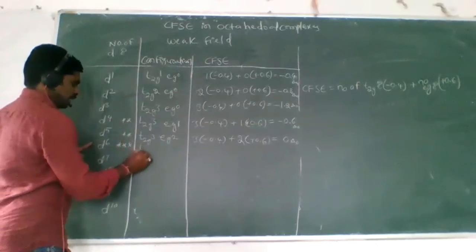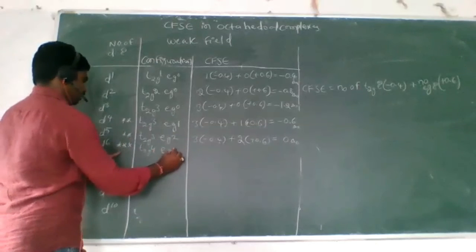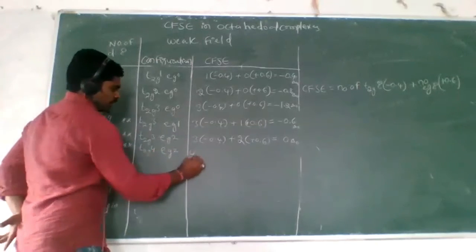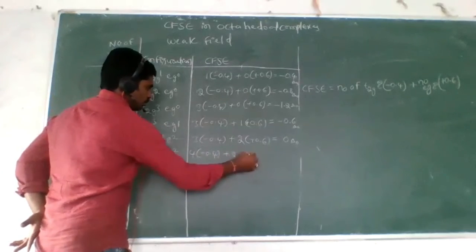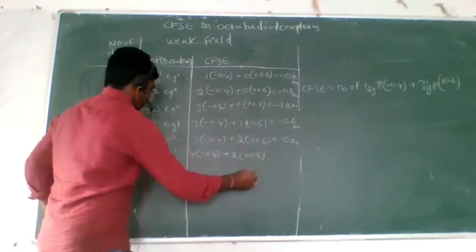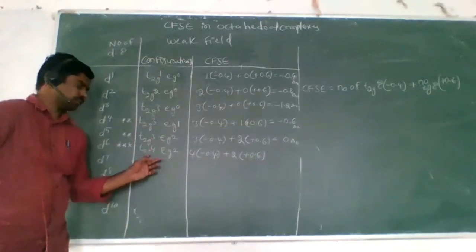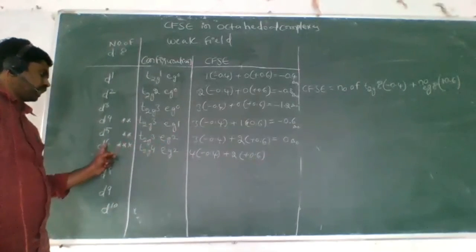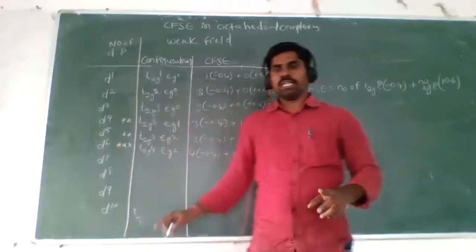Now this electron: t2g4 eg2. So 4 into minus 0.4 plus 2 into plus 0.6. After half field, they can be full filled. So the sixth electron is coming to the t2g.